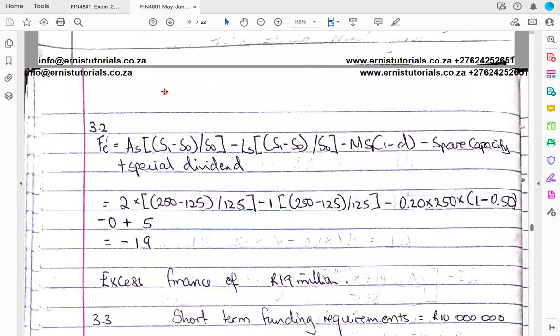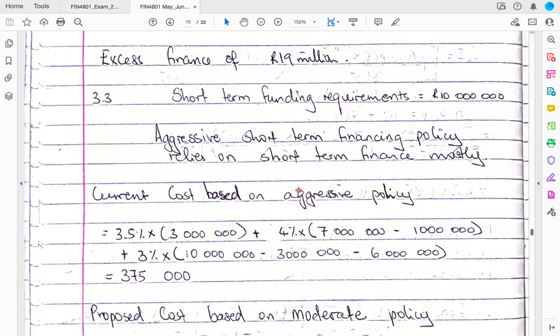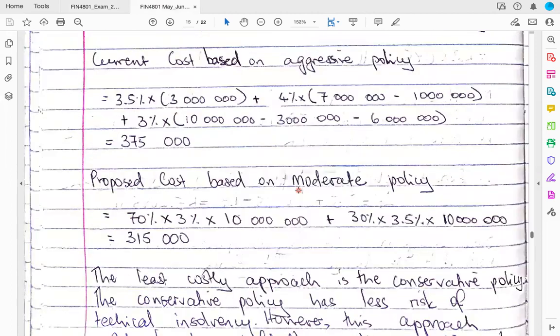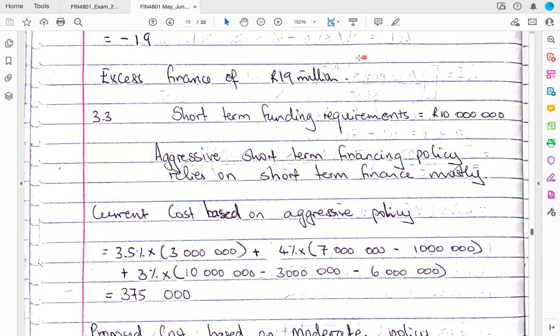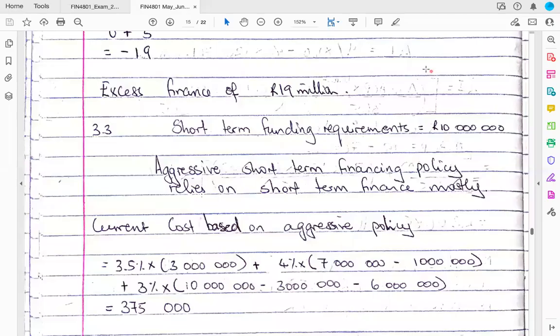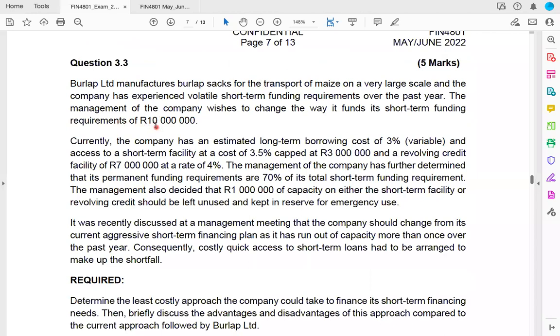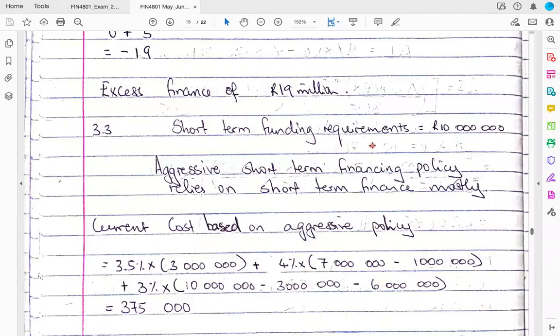So the solution that I gave here, I tried to explain in as much detail as possible what the approach was in determining this particular solution. In this particular case, we are told that the short-term funding requirement is 10 million.